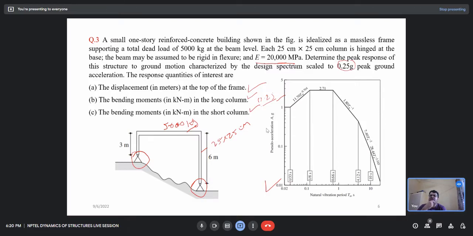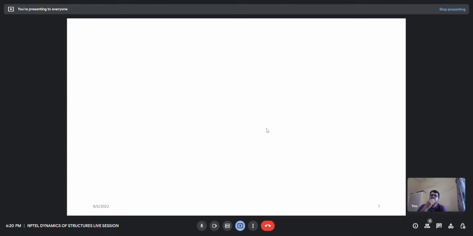For a rectangular section, the moment of inertia is bd cubed by 12.